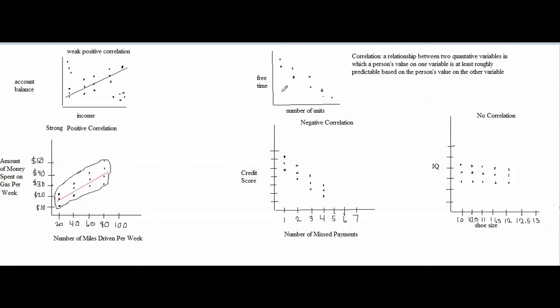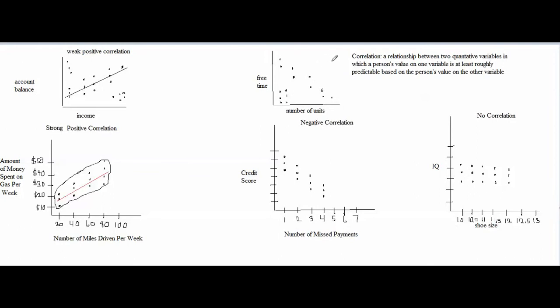So we could have a lot of people down here who aren't taking very many units, but still don't have very much free time, because your free time has to do with a lot of different things besides just how many units you're taking. It has to do with how many hours you're working per week, and how many other responsibilities you have. So we could have a lot of people who aren't taking very many units, but since they're working so much, they don't have very much free time.